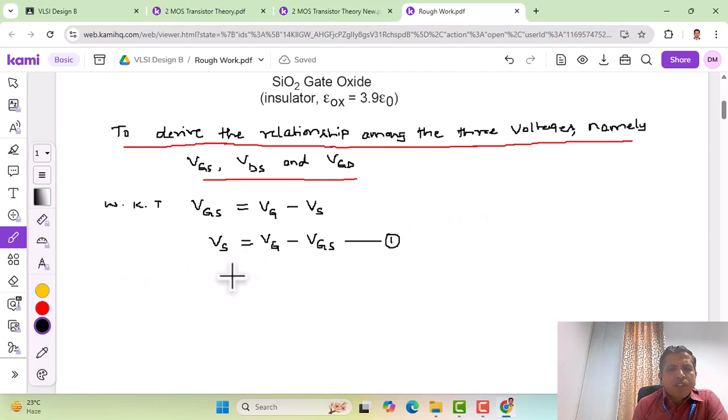The alternate equation is VGD. Let us write it in a similar way. VGD can be written as VG minus VD.